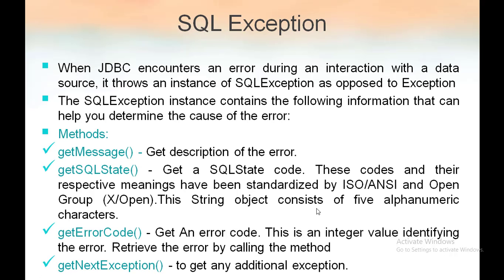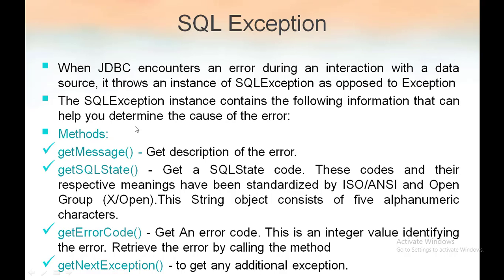When Java database connectivity encounters an error during an interaction with a data source, it throws an instance of SQLException as opposed to Exception. This instance contains the following information that can help you to determine the cause of the error.